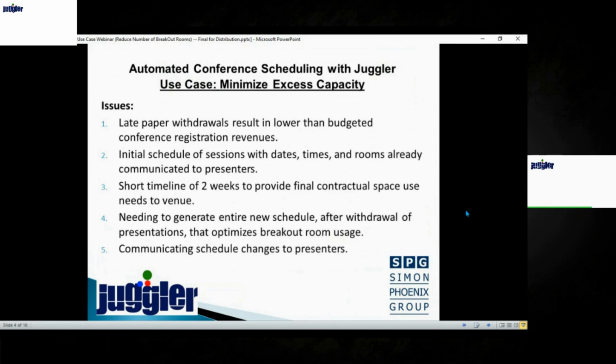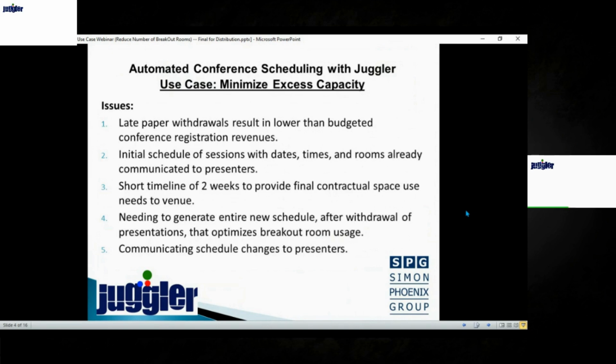So in that 2-week window, when the specific presentations that were withdrawn were identified, and the final deadline to provide the venue approached, there was the need to generate an entirely new schedule, hopefully being able to drop some rooms, particularly rooms that had excess capacity in them, to contract the room usage needs.